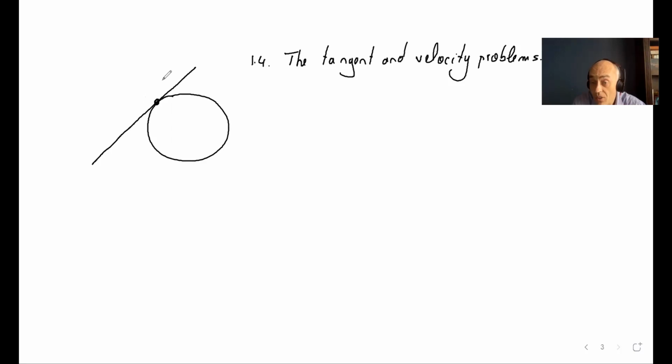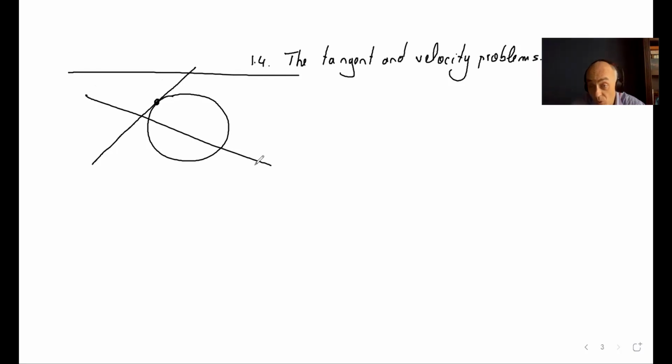And if you look at all the possible situations, this is the unique way to make sure that a line intersects the circle at 1 point, because if you draw another line, it's either going to miss the circle like that, or it's going to intersect the circle like that, so at 2 points.